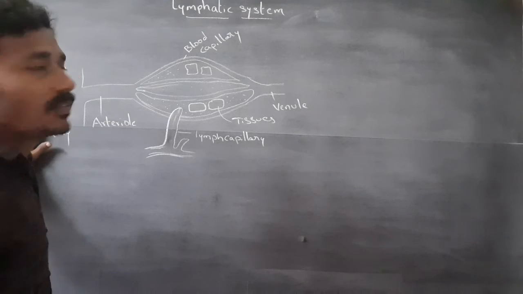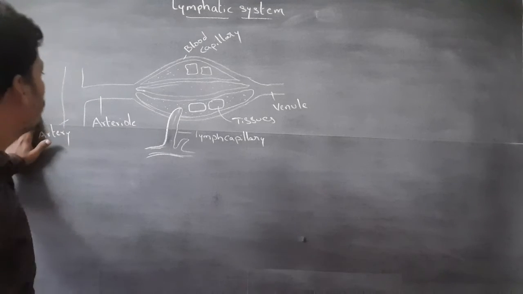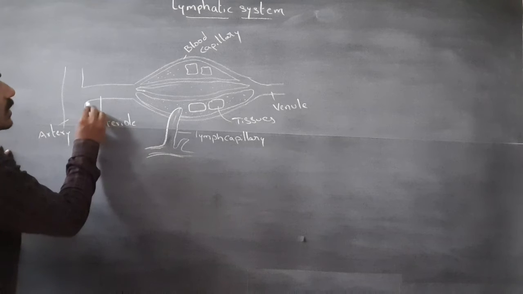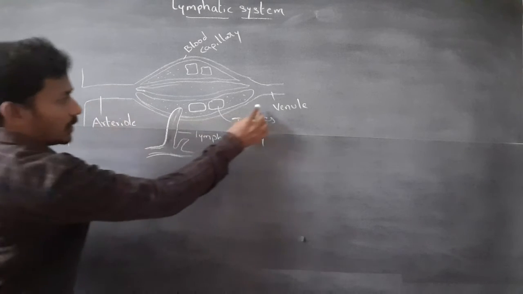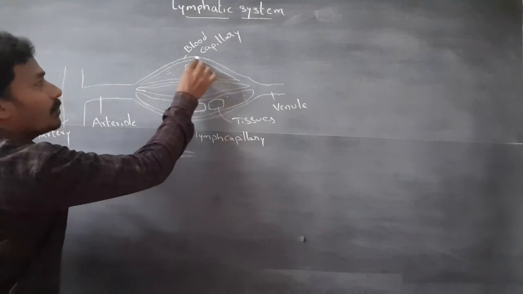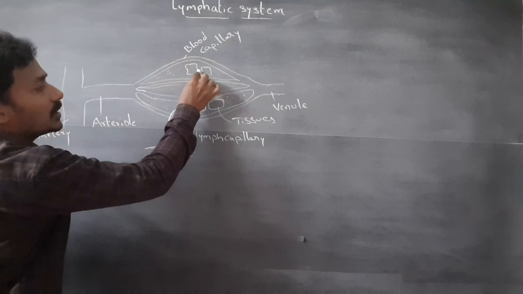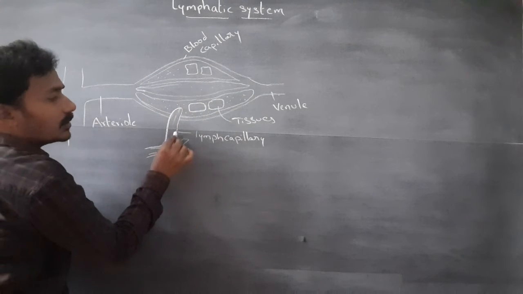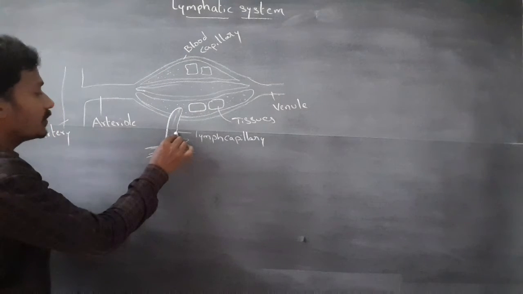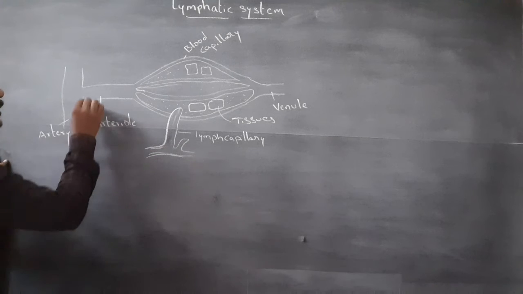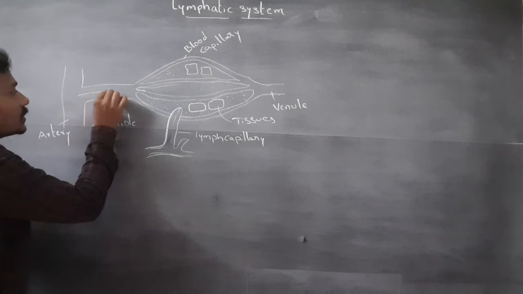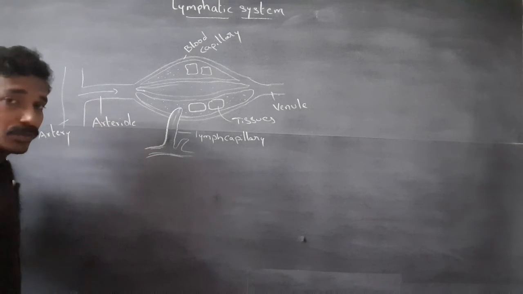Next, formation of lymph. These are the arterioles, these are the venules, these are the blood capillaries, these are the tissues, and this is a lymph capillary. The blood flows into the arterioles.